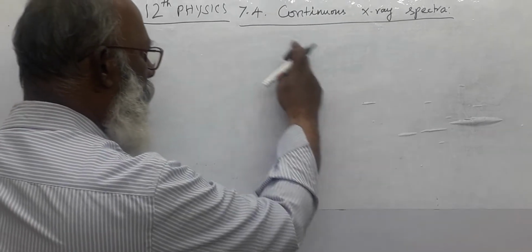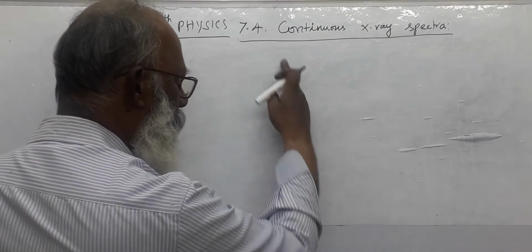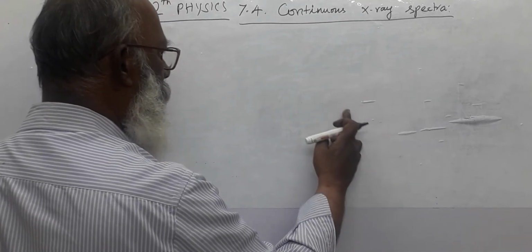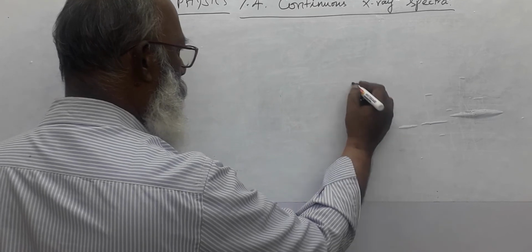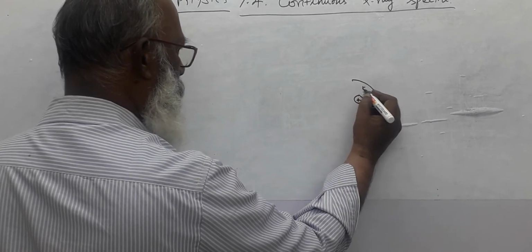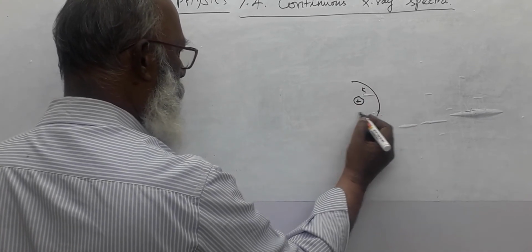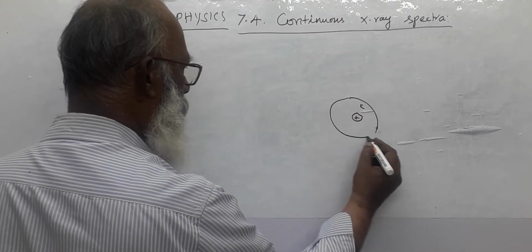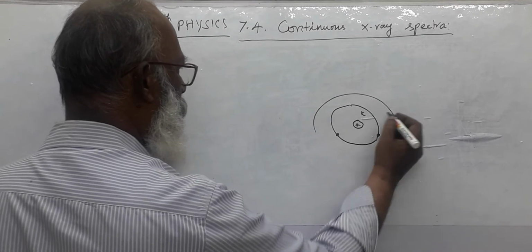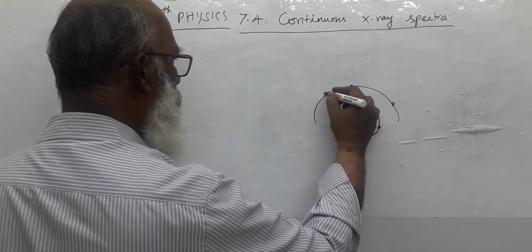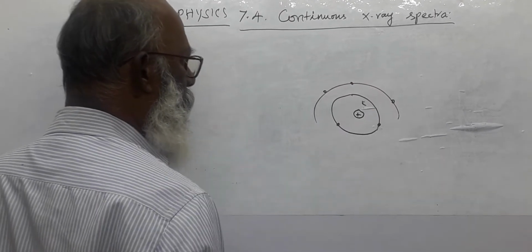In case the higher velocity electron is moving towards the target, the nucleus here is positive. The first orbit is K, and there may be two electrons here, and in the L orbit likewise there may be some electrons, and in another orbit like so.